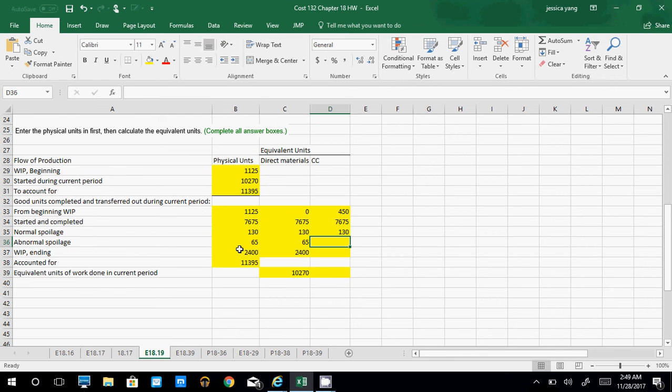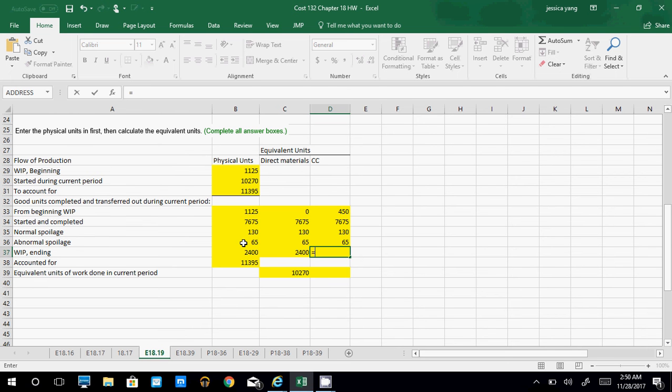For abnormal spoilage, we take the 65 units in the physical units and multiply that by 100%, which also gives us 65 equivalent units.